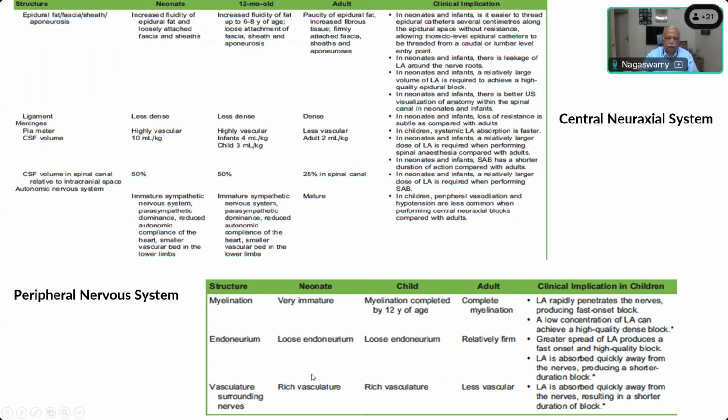And because of the rich vascularity, it will also be removed faster. So the onset will be faster, and recovery also will be faster because of the vascularity. So here you can see LA gets absorbed quickly away from the nerves, resulting in a shorter duration. And the onset is much faster because of the loose endoneurium.